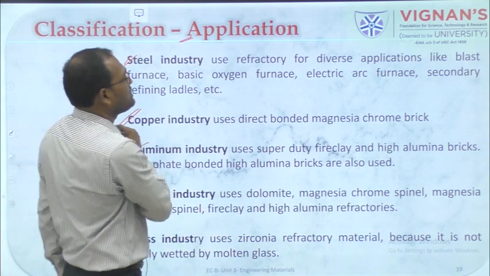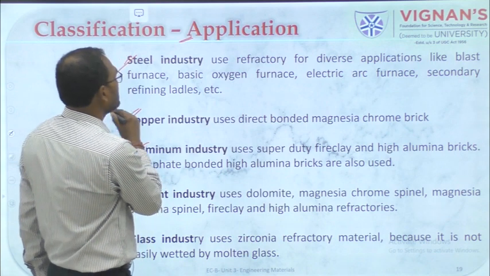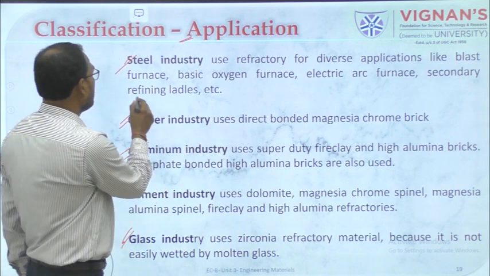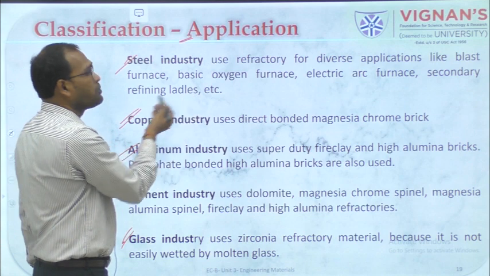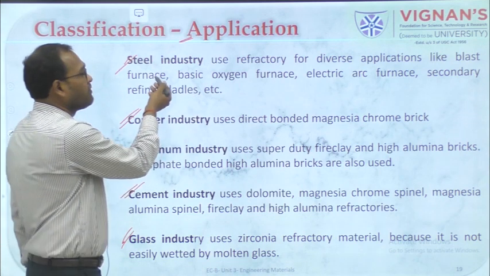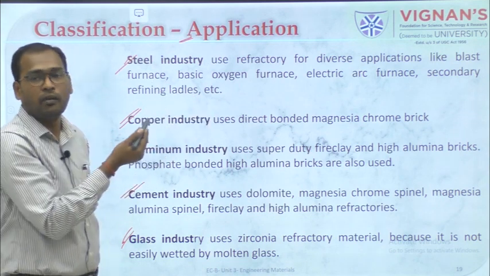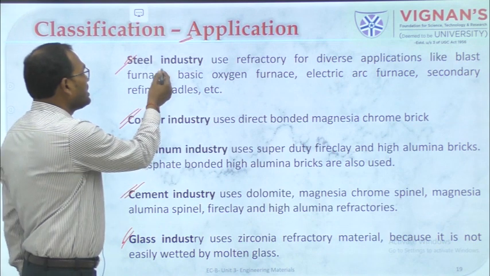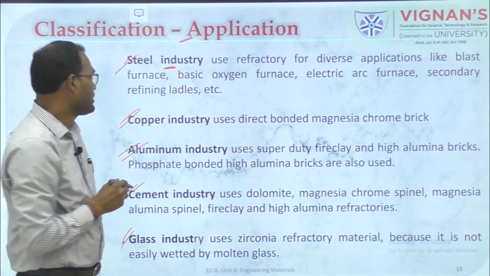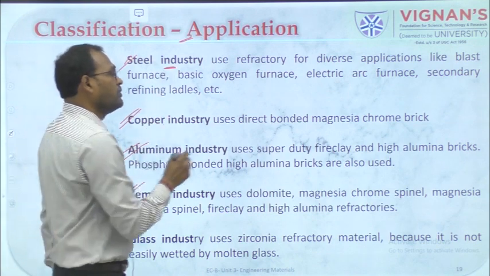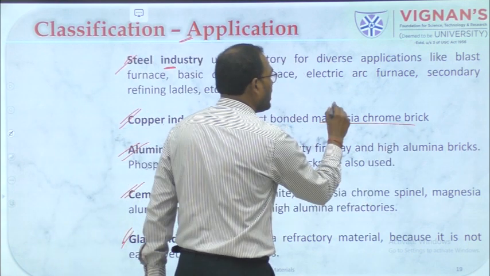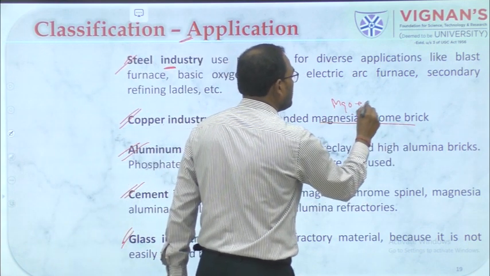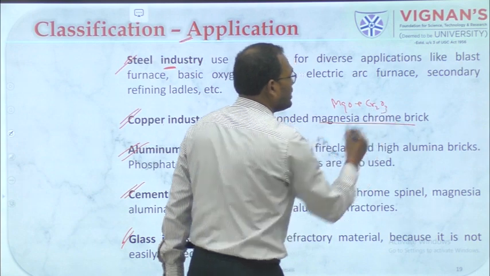In the case of steel industry, we use it as a lining, right, and it is used for different types of iron, blast furnace iron, with different amounts of oxygen. All these things can be employed in the steel industry. In the copper industry, we use magnesia chrome brick, MgO, Cr2O3, right.